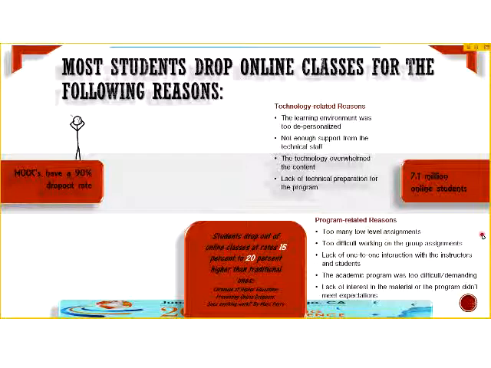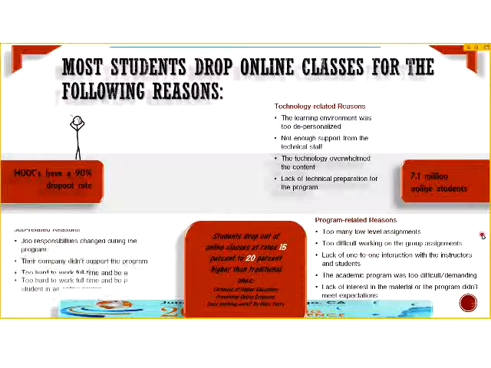Students' perception of online classes is changed almost immediately as soon as the first announcement arrives. Job-related reasons: job responsibilities change during the course. Their life gets in the way. Most of the online students are taking online courses because their lifestyle dictates that they can actually go to school.